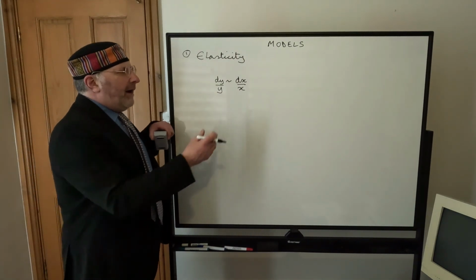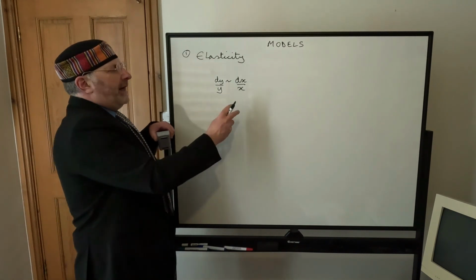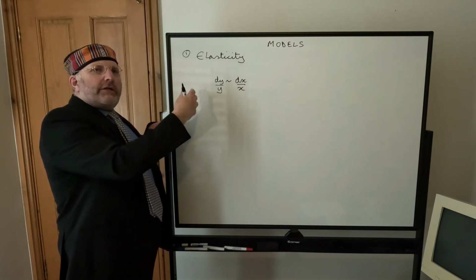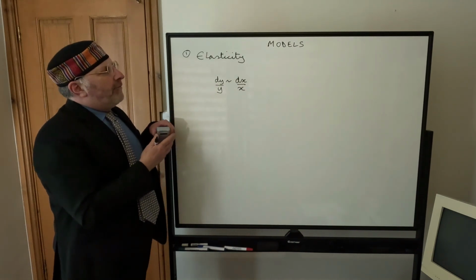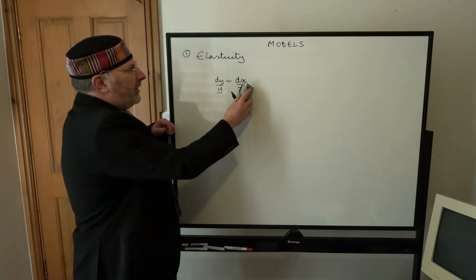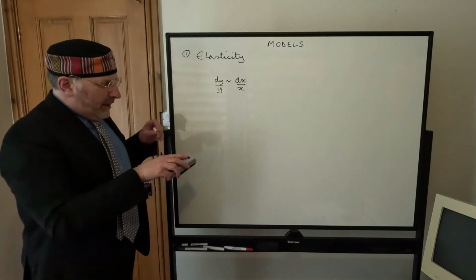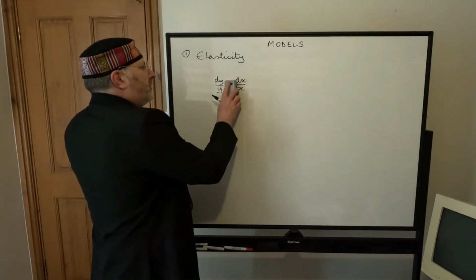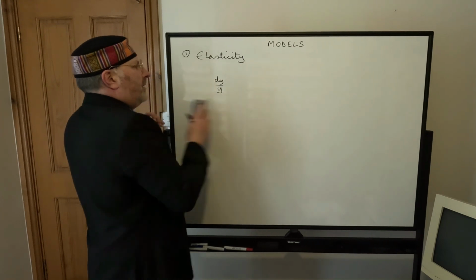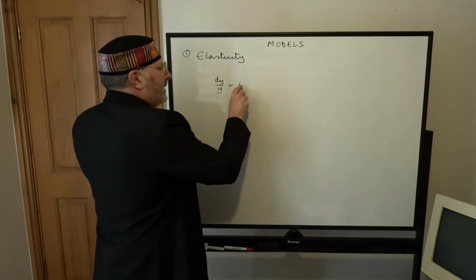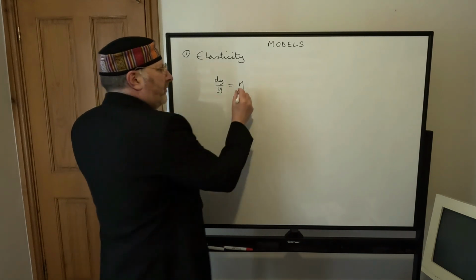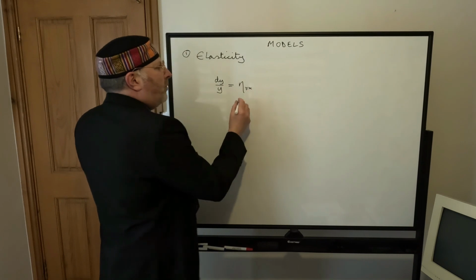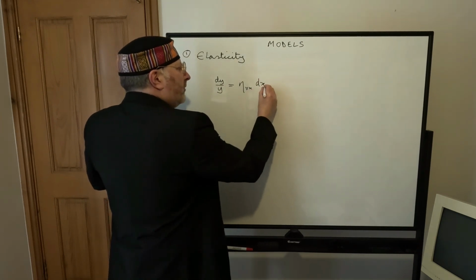Economists are concerned about how the percentage change in one thing, like the price of oil, let's say, affects the percentage change in something else, like the unemployment rate, for example. So you're interested in how percentage changes relate to each other. And it's usually written that the constant of proportionality is called the elasticity, and in this case it would be the elasticity of y with respect to x.